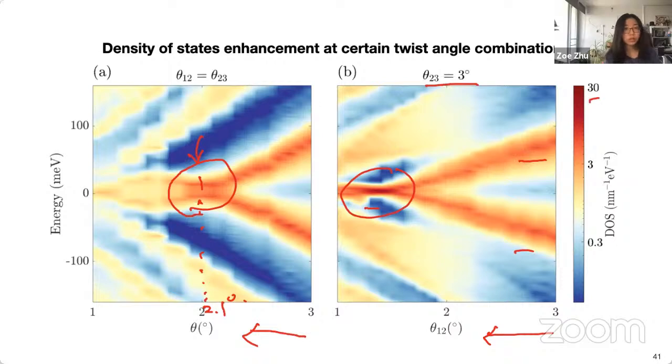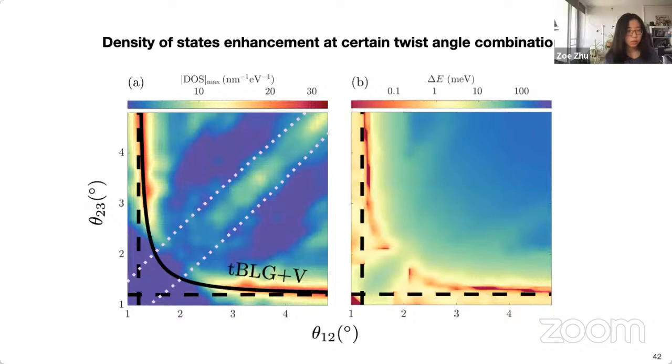So how do we understand the origin of such a density of states enhancement? Well, to see that, we can map out the density of states as a function of both twist angles. What we're plotting here is the density of states maximum and the separation between the two Van Hove singularity peaks.